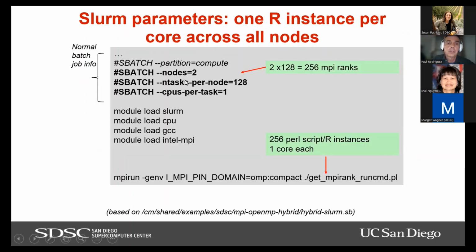So for example, your Slurm script would look something like this. I'm not going to go through all the details. It's kind of a standard Slurm script. You would mention that you have 2 nodes and a number of tasks per node. So your number of tasks is your MPI ranks. In this case, I'm going to have 256 MPI ranks. That means I'm going to have 256 Perl R instances running on 1 core each.